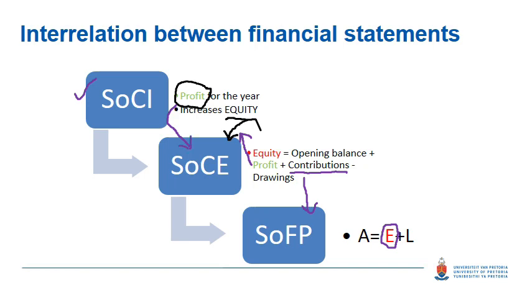The statement of changes in equity shows the movement in equity, taking the opening balance of capital, or the equity that we had last year, plus contributions this year, plus profits this year, or if we've made a loss, we will deduct the loss, minus drawings. That will give me the closing balance for equity. The closing balance for equity is then transferred to the statement of financial position, and this is where I see the equity for this year.